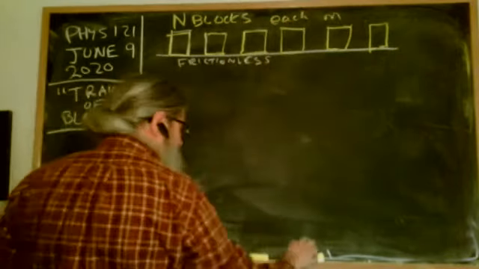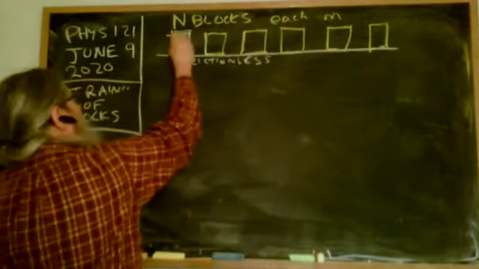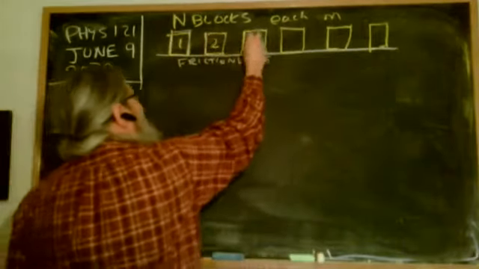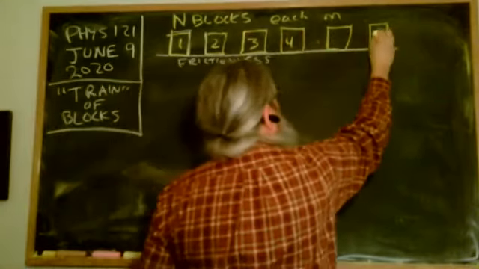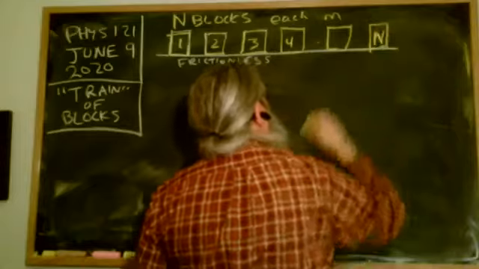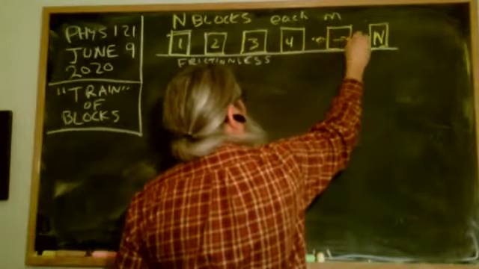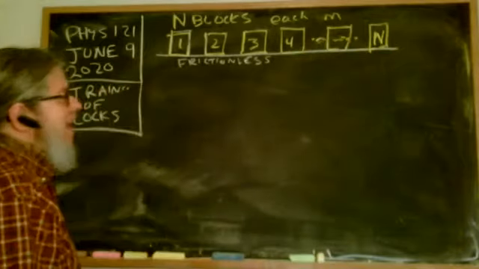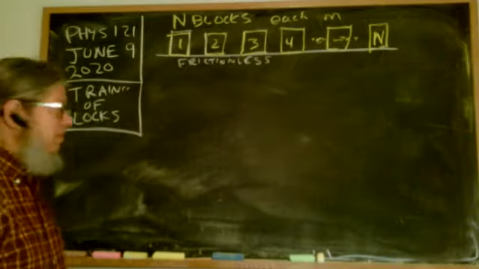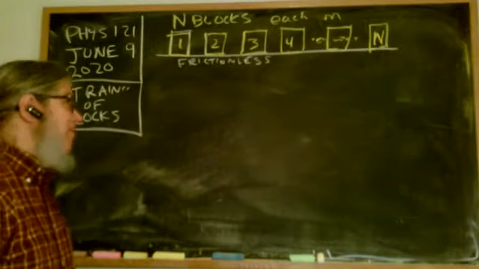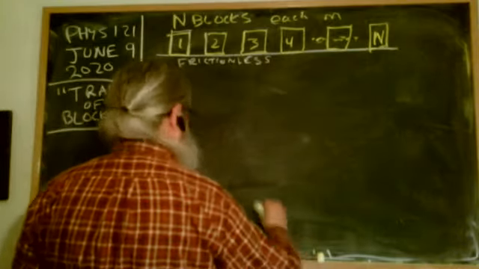And I'm going to label the blocks in a consistent way. So I'll call this block 1, block 2, block 3, block 4, and this will be block n. In here, there could be one more block. Here I've got 6 blocks, but there could be 10 blocks or 50 blocks, whatever your favorite number is. Lots of blocks, all the same mass.